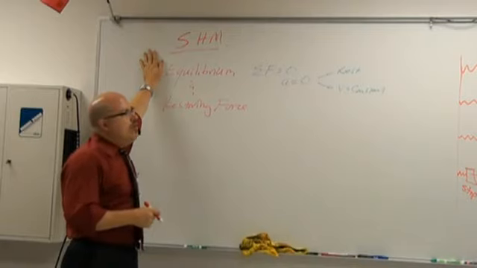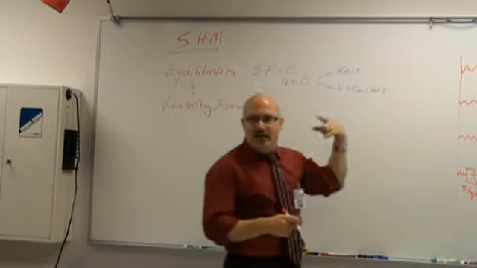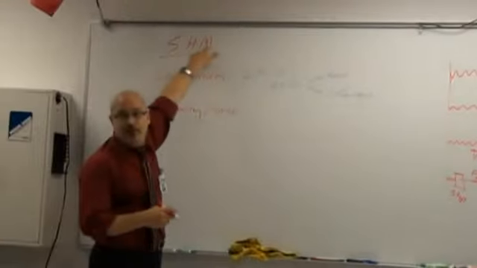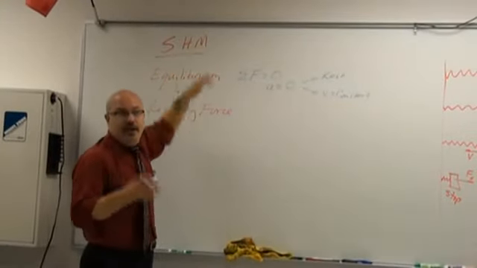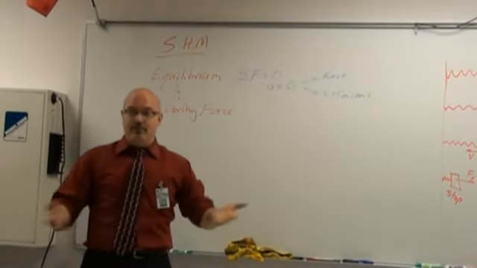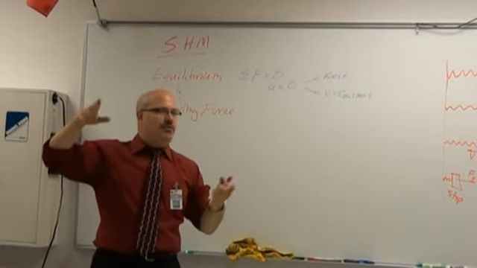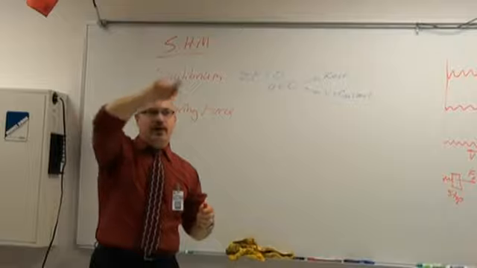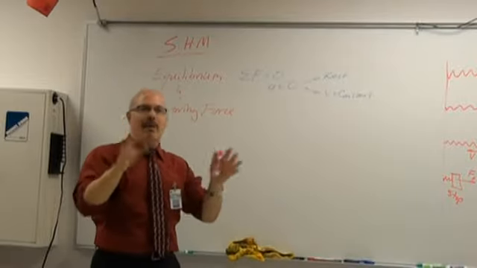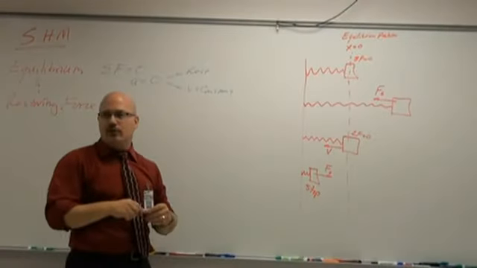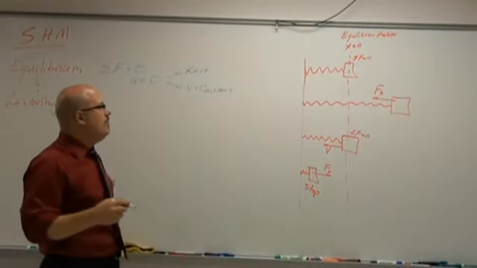But just so that you know, this basic motion of back and forth, the simplest of all harmonic motions, can be used to model all types of harmonic motion, no matter what kind it is. Like even your heartbeat, you've seen an EKG, right? That's a wave, and you can model that with simple harmonic motion. All waves can be modeled with this. So this is why we study it.